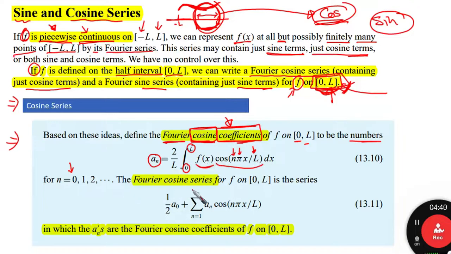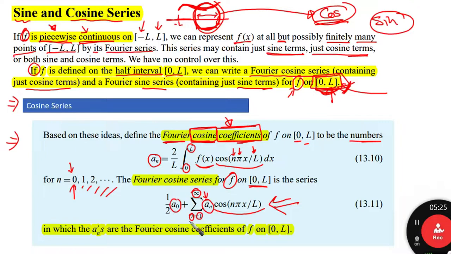The Fourier cosine series for this function on the interval from 0 to L is going to be like this: half a_0, which is related to 0 at the beginning, and then the summation of cosine terms. We start from n equal to 1 till infinity, and they contain the coefficient a_n times cosine of n pi x over L.